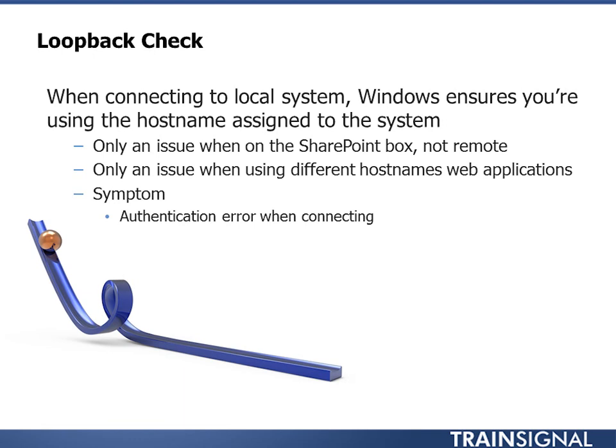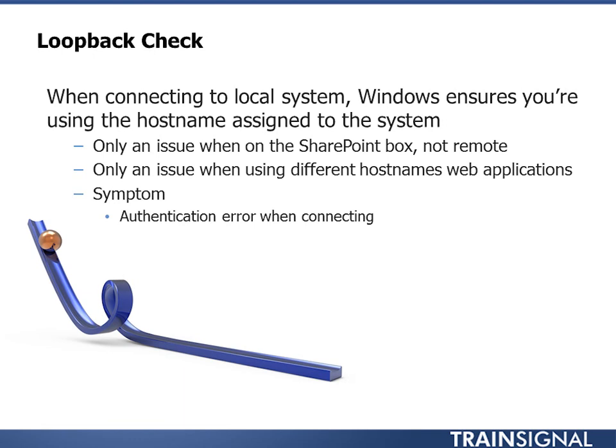Now, one important safety tip that I want to highlight about our web applications before we start getting into any of our demos is a little thing called loopback check. The reason that I like to highlight this here is because we're now going to get into using different host names for our system. And I'm of course just running this right from my SharePoint 2013 system.